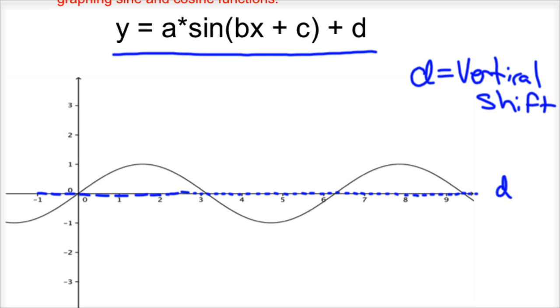And so now let's look at some terms here. This distance from the midline to the crest, and this from the midline to the trough, is always a, or your amplitude. So a is amplitude, the amplitude of the wave.